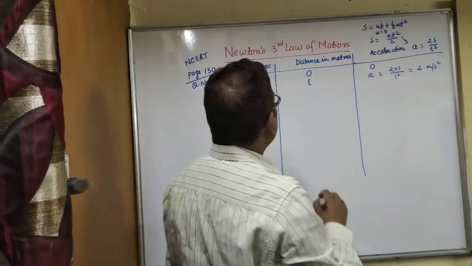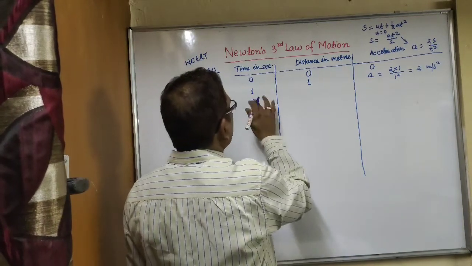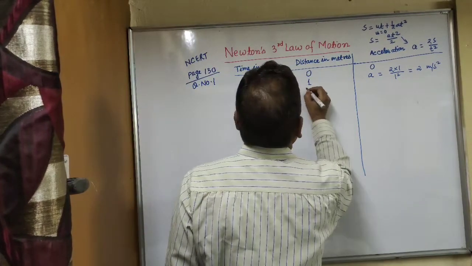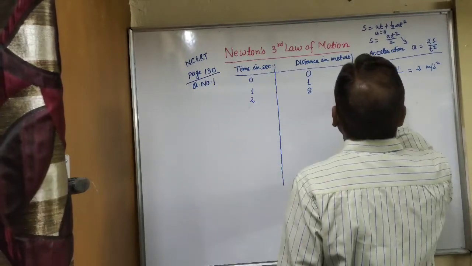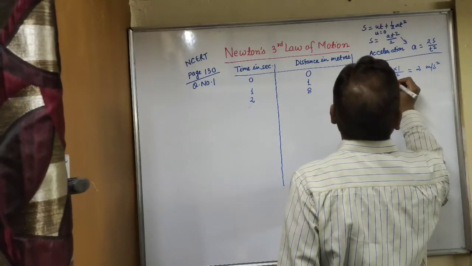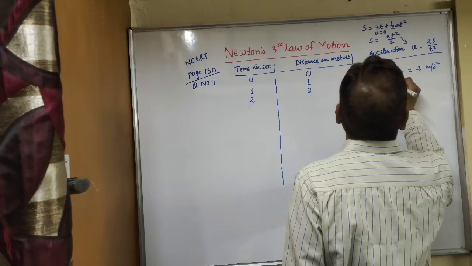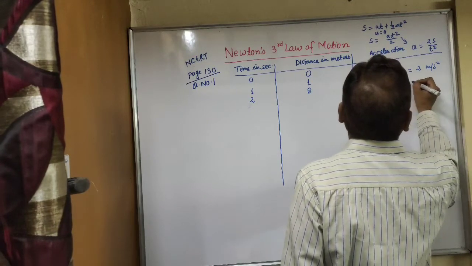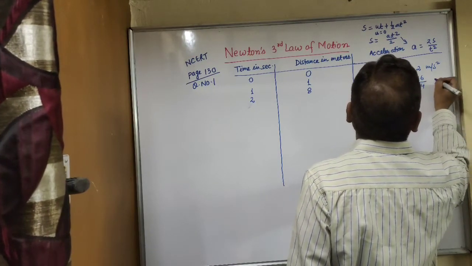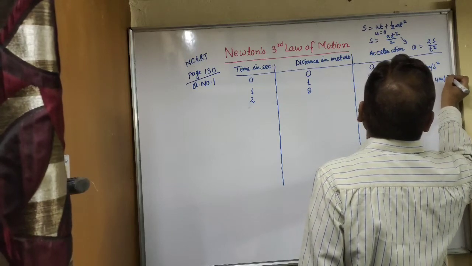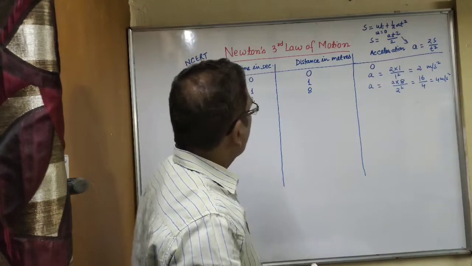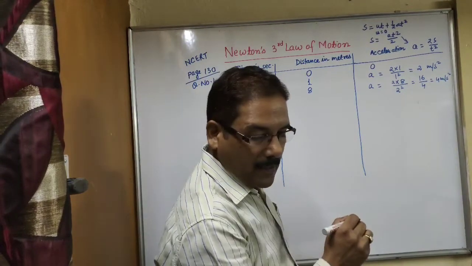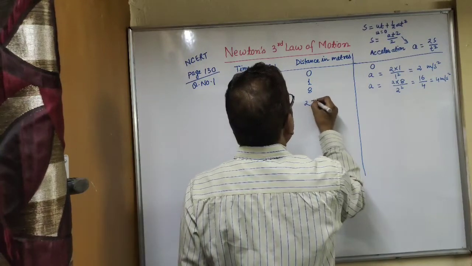Now when time is 2 seconds, distance is 8. So again use these values to calculate acceleration. It will be 2 into 8, and time is 2 square, so it will be 16 by 4, so 4 meter per second square. Next, when time is 3 seconds, distance is 27.